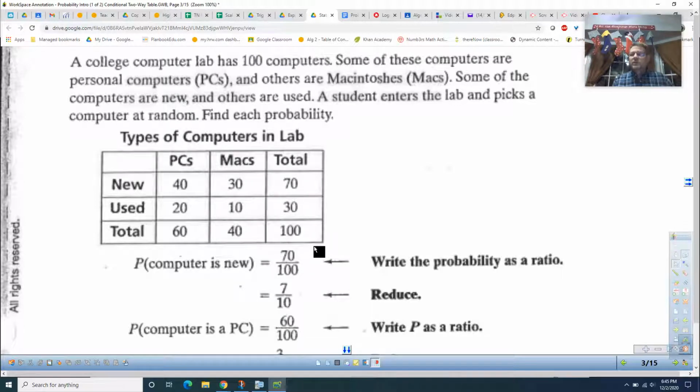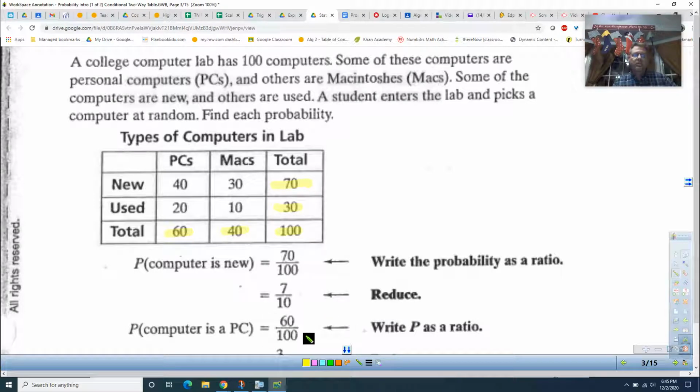One thing I suggest you always do when given a table like that is put in this information, because they may not have given it. Just add up the columns and the rows. You may not use all of it, but it's good to have it available quick and easy.